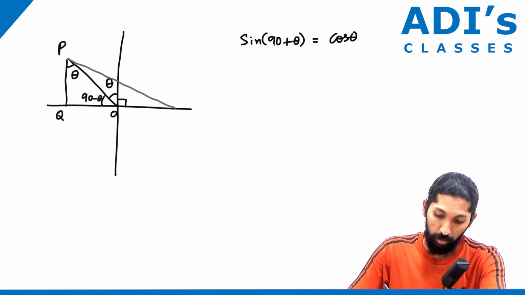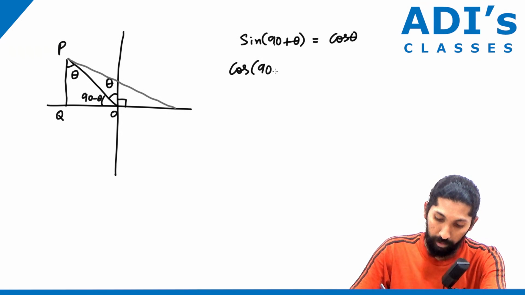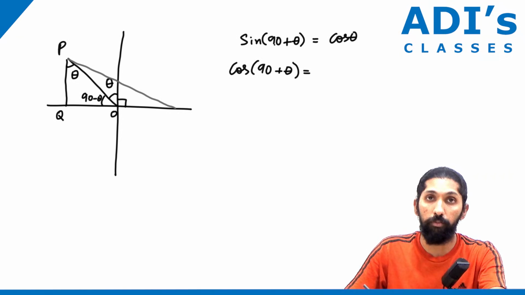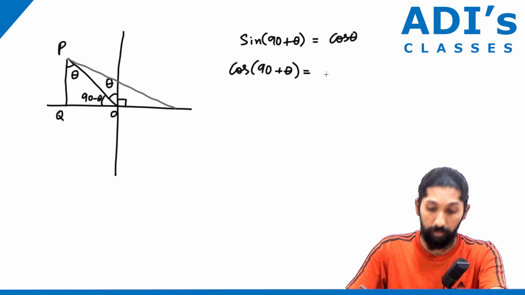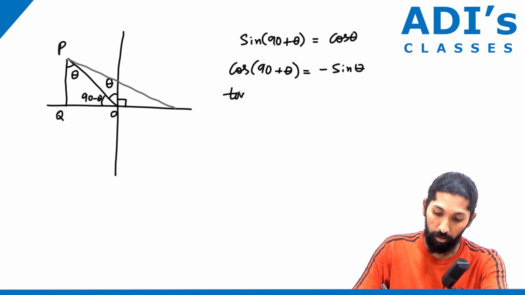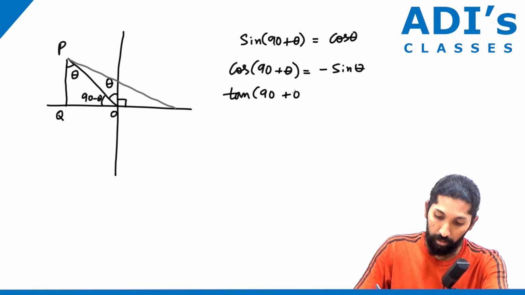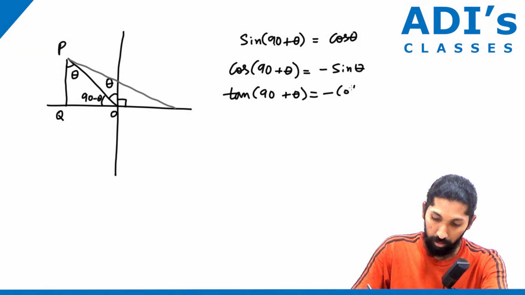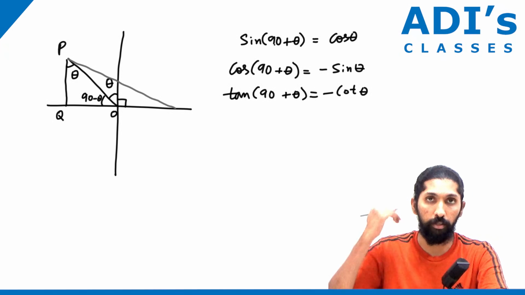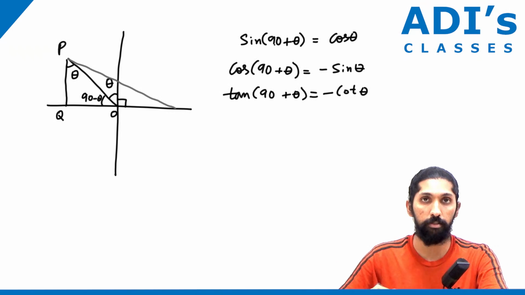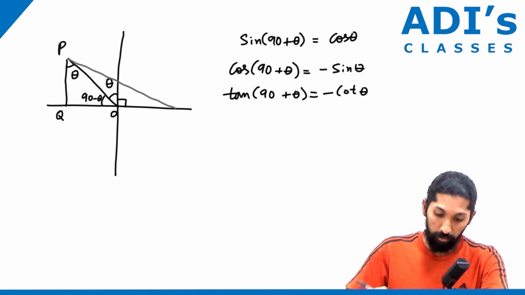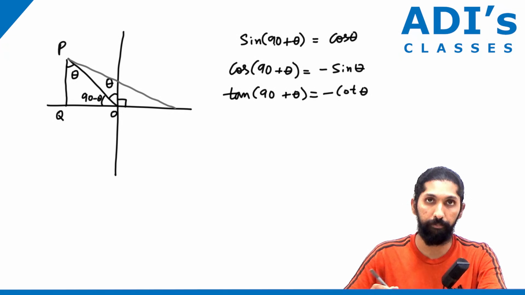Same thing when you have cos of 90 plus theta. Cosine in the second quadrant, is it positive or negative? It's negative. So minus sine theta. Tan of 90 plus theta gives us minus cot theta. Likewise, we are going to have all the trigonometric functions for all the complementary angles. Now there is one more way of getting it in the second quadrant. Here we did 90 plus theta, correct?